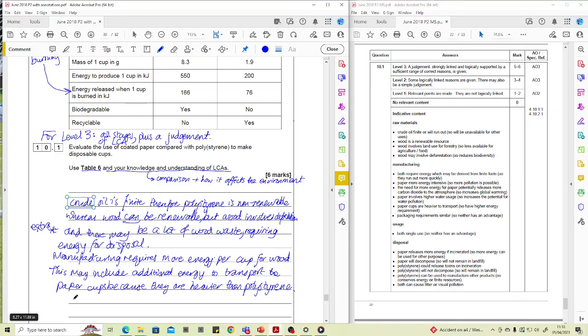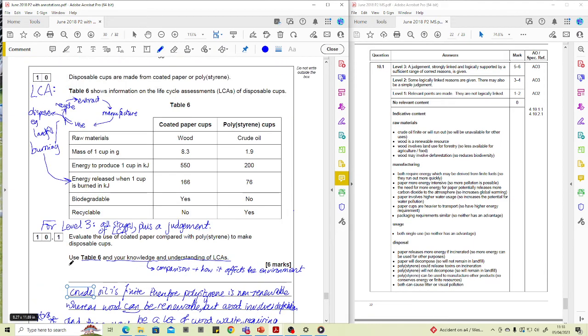Okay, is that enough about manufacturing? Let's have a look. The mark scheme is also talking about packaging requirements are similar. Okay, so it's got some similarities that are not in the table, so that could be an extra thing that you might like to mention.